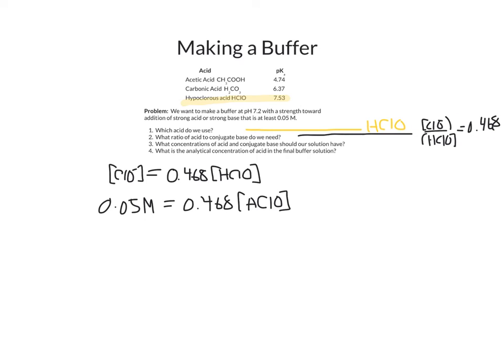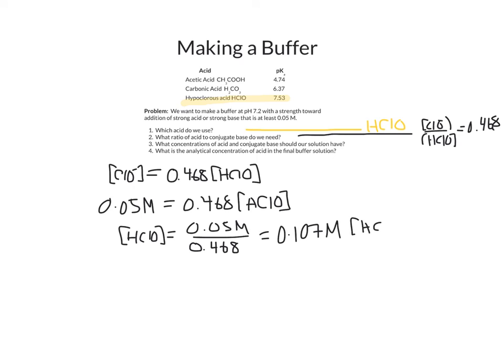And so if I then solve for my conjugate acid concentration, I will have 0.05 molar divided by 0.468, and that will give me 0.107 molar of the conjugate acid.